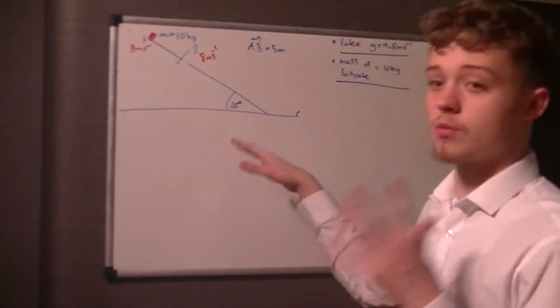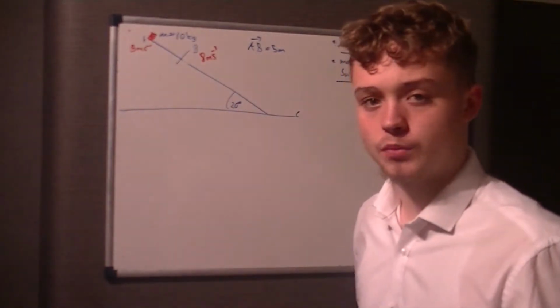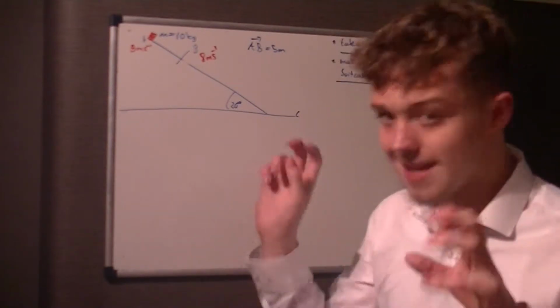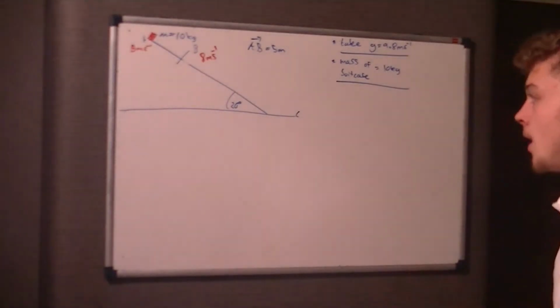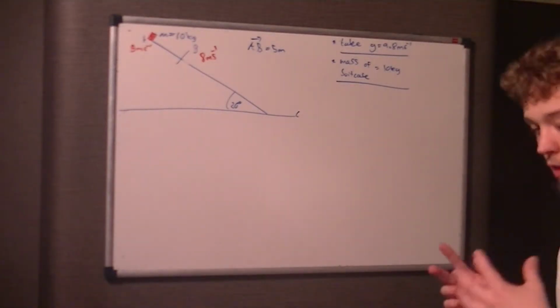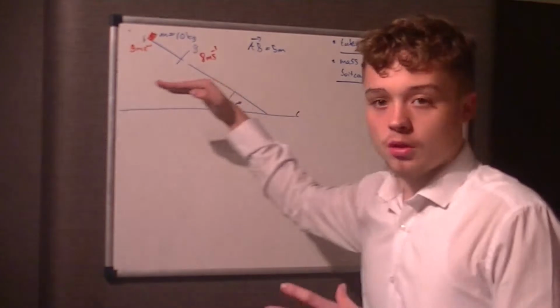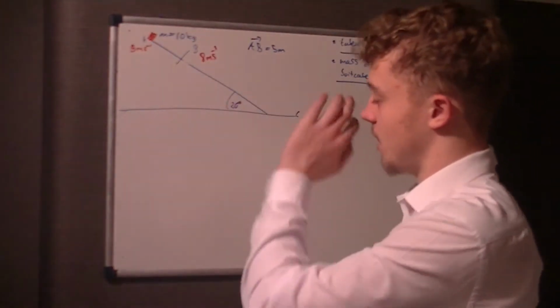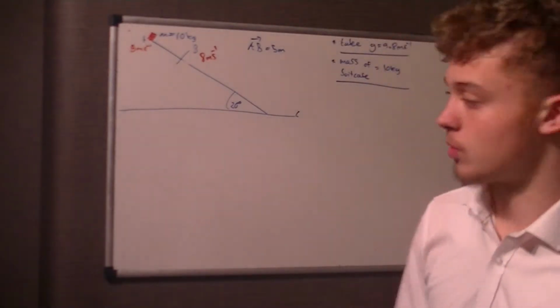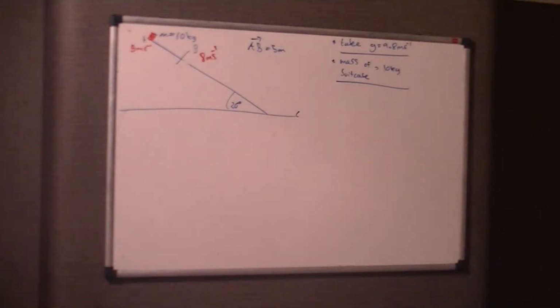It does have some resistance, but we're not bothered about that at this stage. We can almost imagine this to be a level horizontal line for the moment, just at a weird angle. We will consider the angle later on. We need to work out the deceleration first.